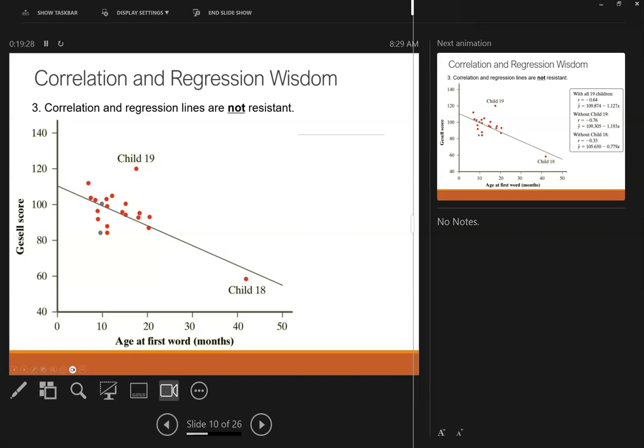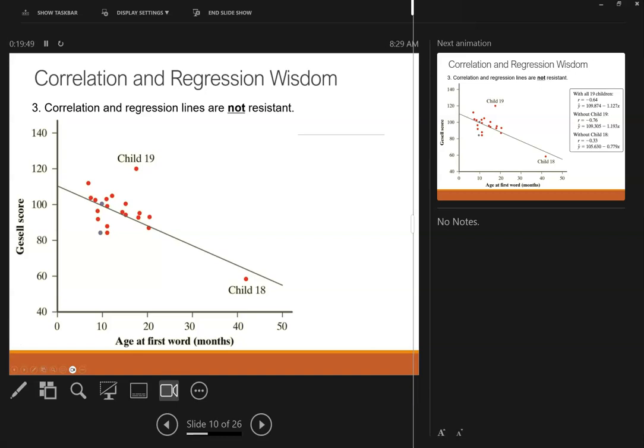So again, to illustrate the impact of outliers, this is a Gesell score, which I think is some kind of child intelligence test, and then the age at which they said their first word. If I look at this, it looks like there are 2 obvious outliers, right?